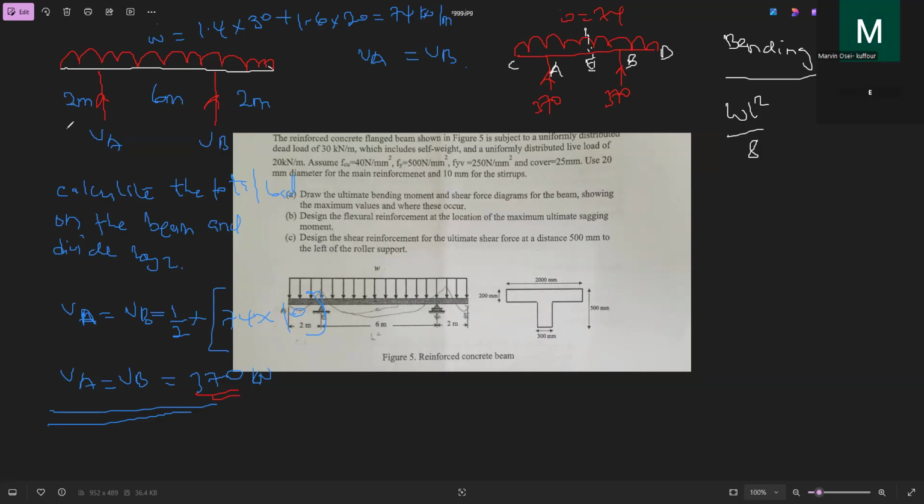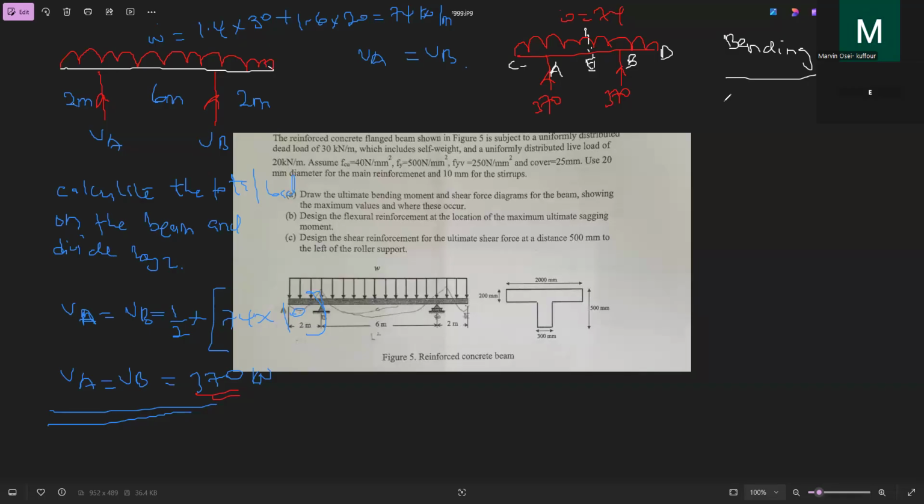We have UDLs here, you have UDL here. Let's calculate to prevent any confusion. Let's take it one after the other.